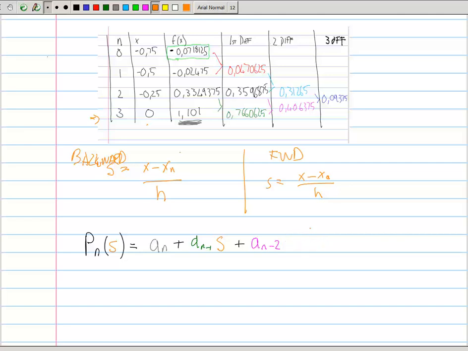Let me just keep consistency with above. So multiplied by s, multiplied by s plus 1, and that is going to be all over 2 factorial. So again, we have the factorial thing going.